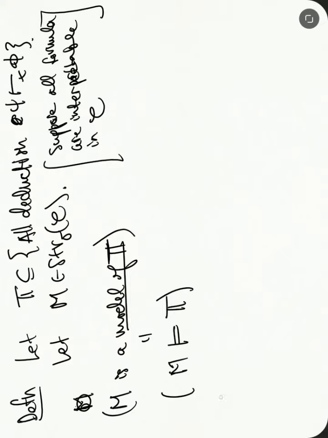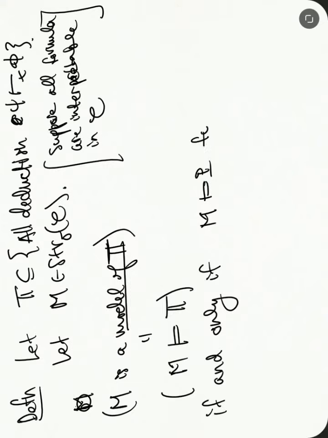So this is writing if and only if M proves, and then we have some formula phi. So this is maybe one of these deductions, for all phi in T. Okay, so this is what it means to be a model. A model, okay? And so that's cool.